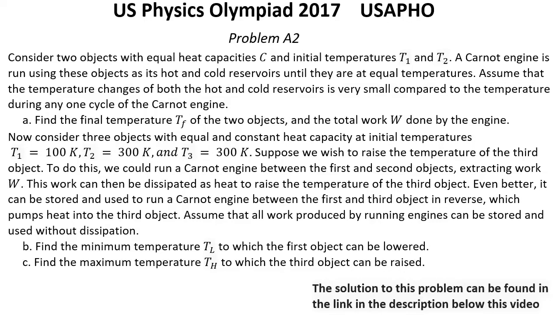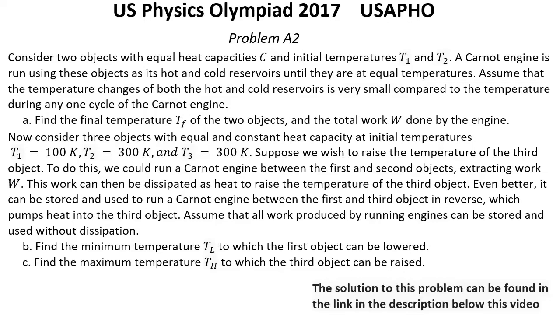Assume that the temperature changes of both the hot and cold reservoirs is very small compared to the temperature during any one cycle of the Carnot engine. Question A. Find the final temperature Tf of the two objects and the total work W done by the engine.